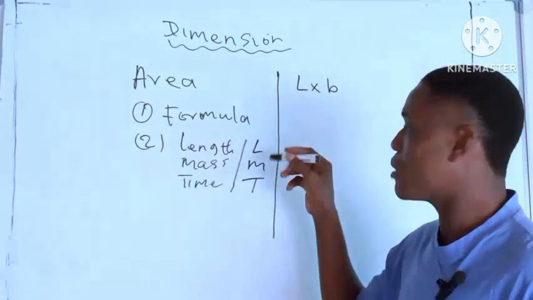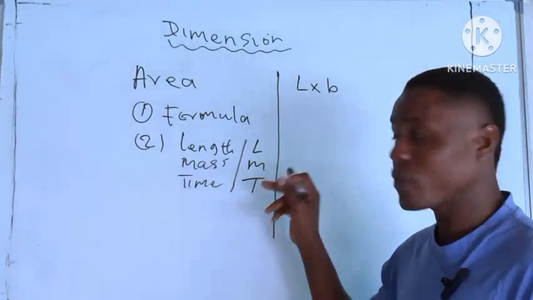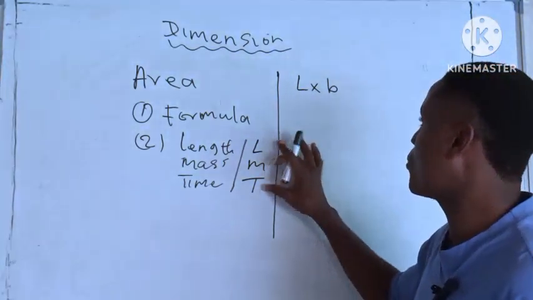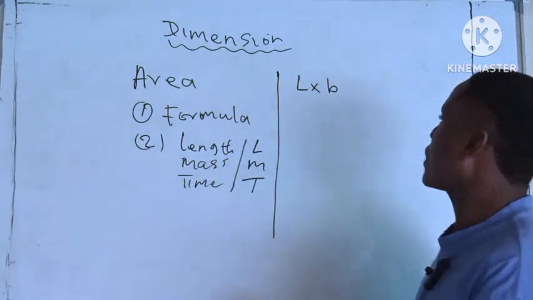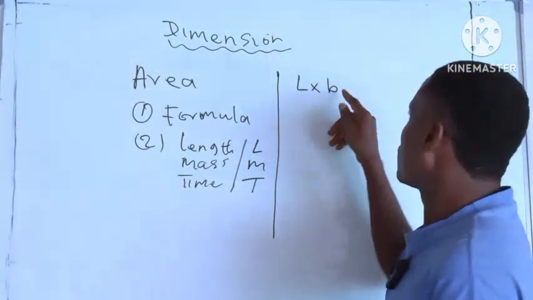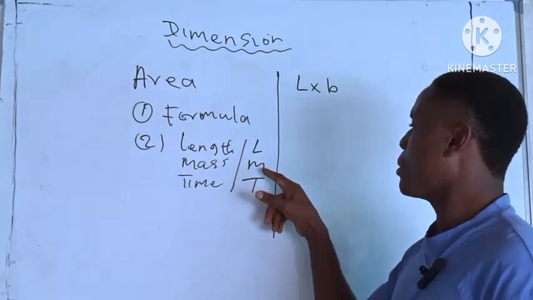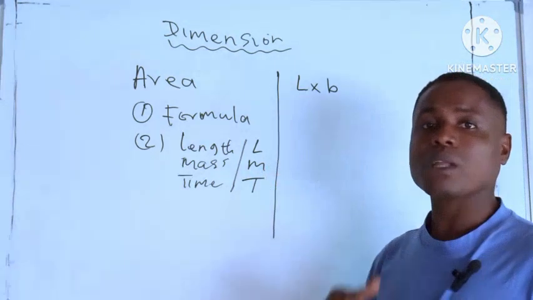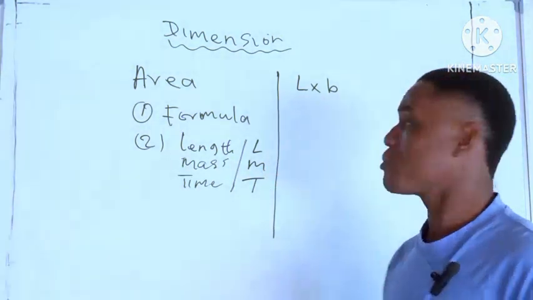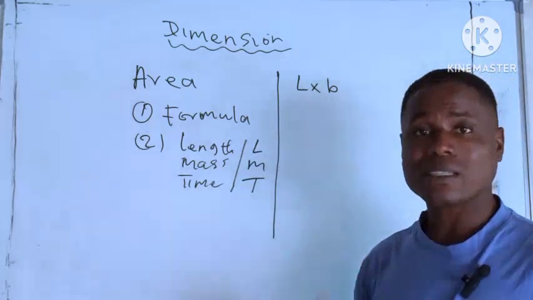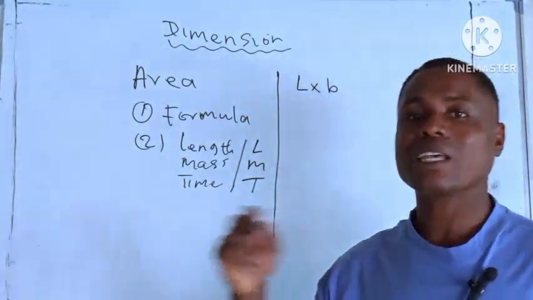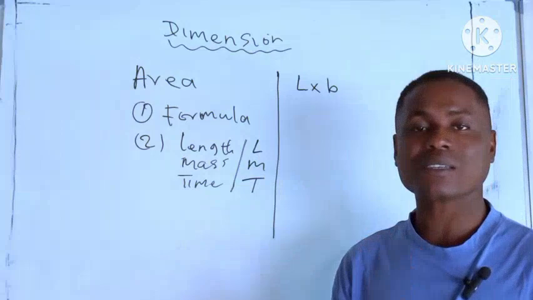I said you have to change everything to correspond, right? You have to change everything to be in this form. Meaning that, let me ask you, should breadth be length, or should it be mass, or should it be time? Breadth should be length. Yes, because length and breadth are still the same thing.